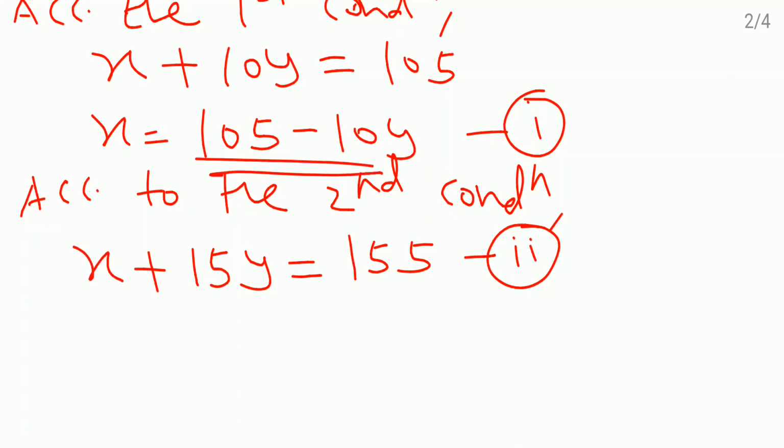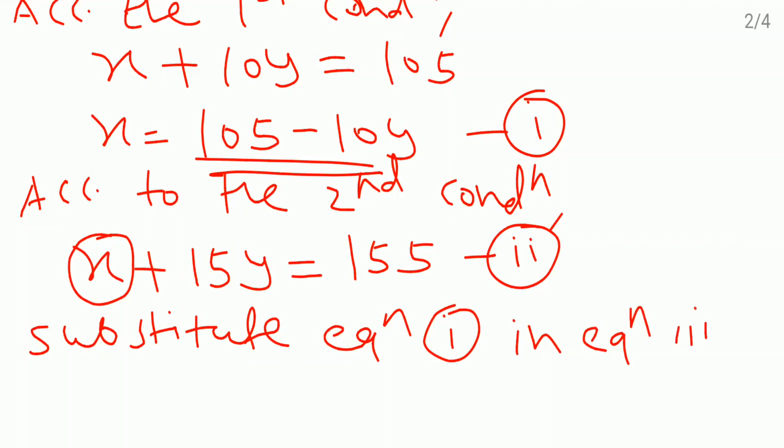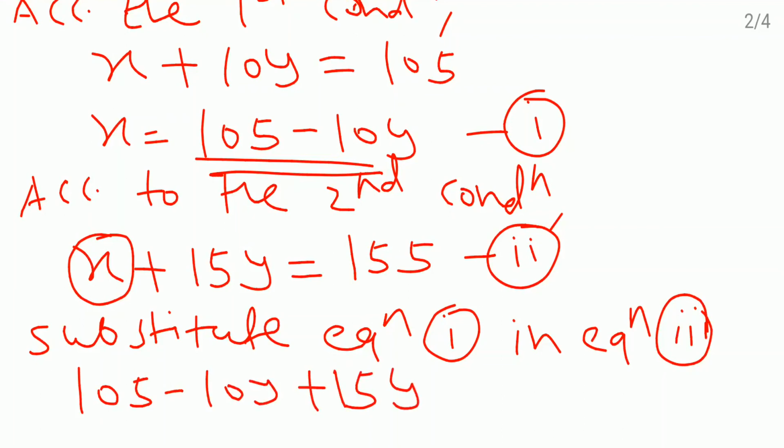Now see, equation 1, X equal to, we have written this one. Now I'll substitute this value at this place. So substitute equation 1 in equation 2. Here, 105 minus 10Y plus 15Y, which is equal to 155.